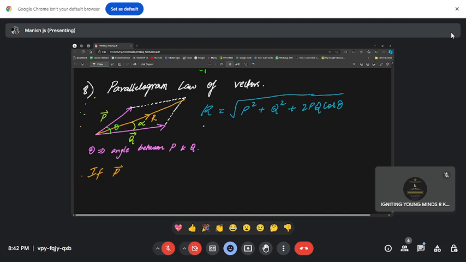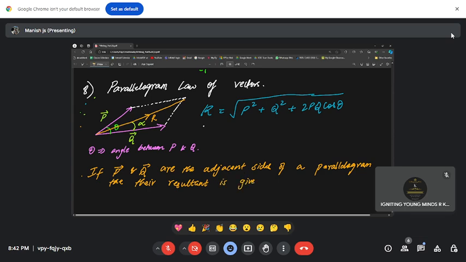So in the parallelogram law, what do you understand? If vectors P and Q are the adjacent sides of a parallelogram, then their resultant is given by the diagonal of the parallelogram.